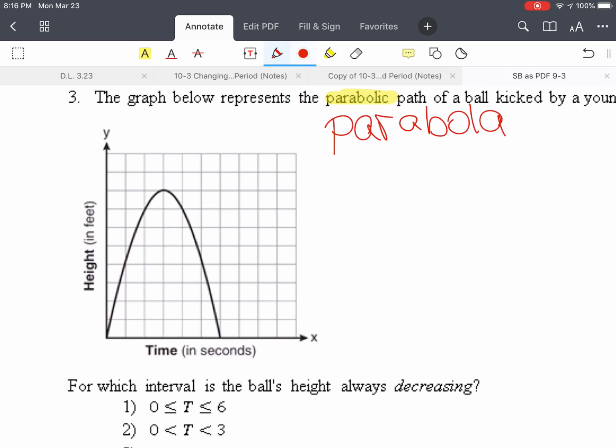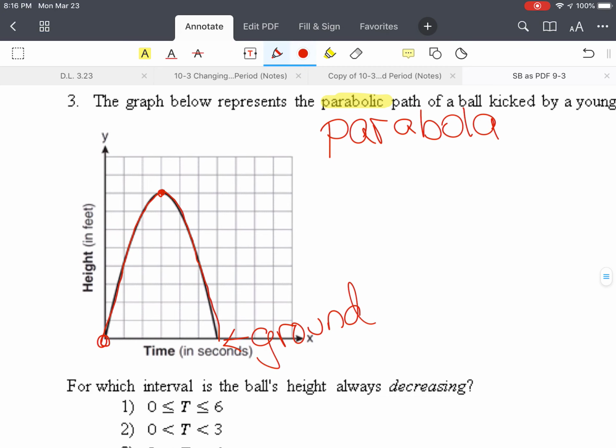So let's just think about it again. Here's the ball. Starts at the ground, the child kicks it, it soars up, up, up, up, up into the air until it reaches the highest point, and then it comes back down and hits the ground. So this is the ground. So without even looking at the question, let's just see. 1, 2, 3.